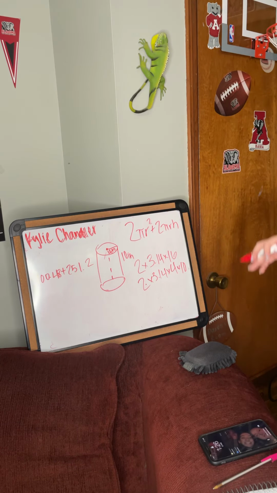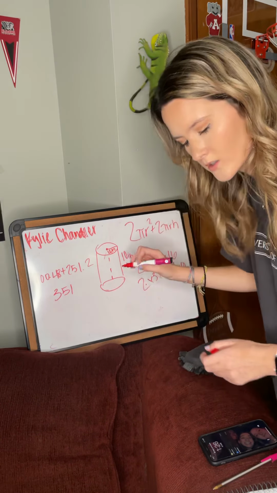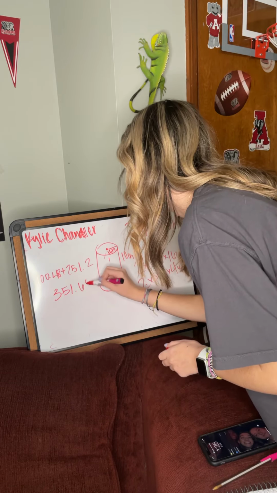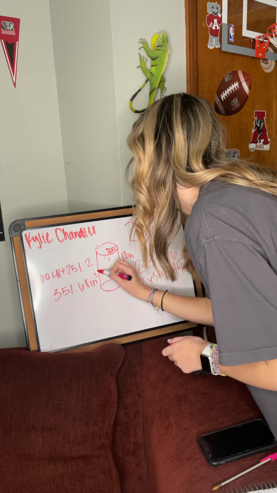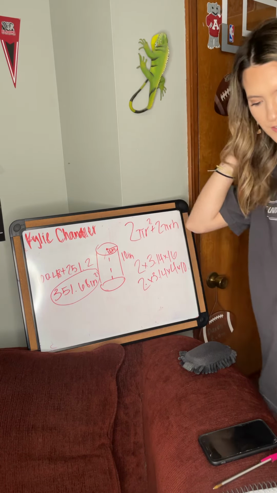And if you add those two together, you get 351.68 inches squared. And that is the surface area of this particular circular cylinder.